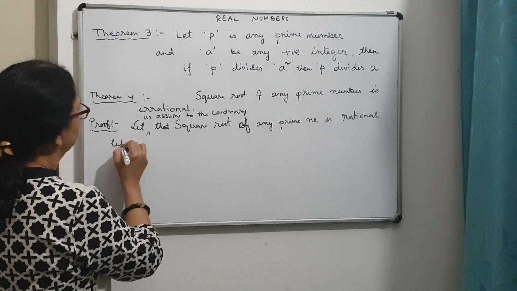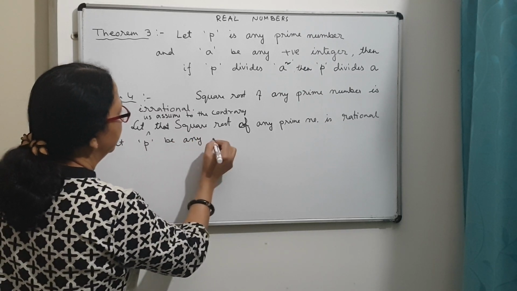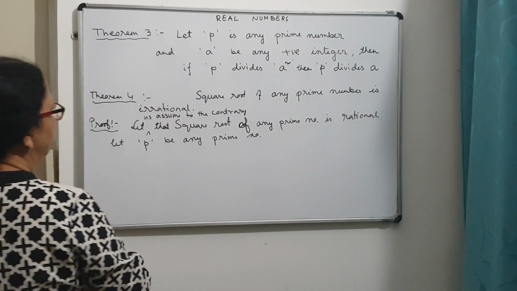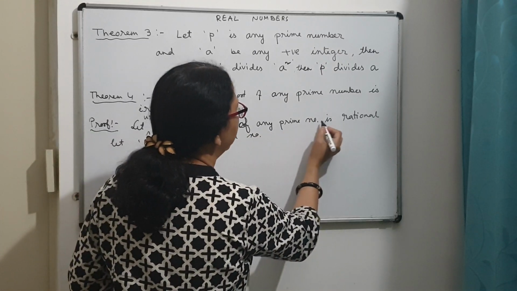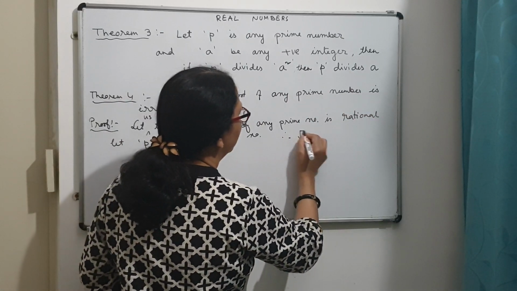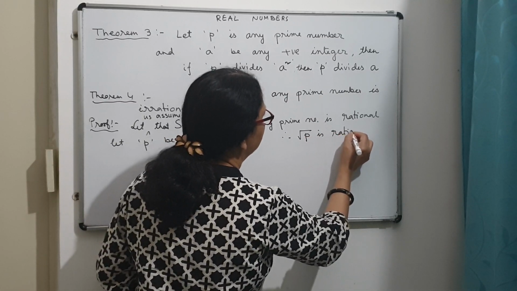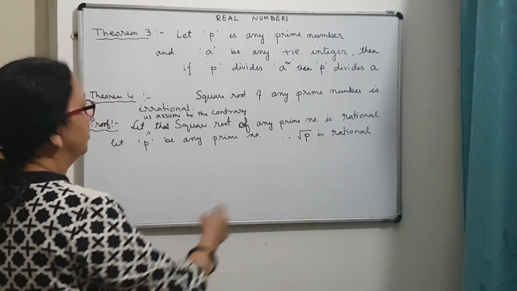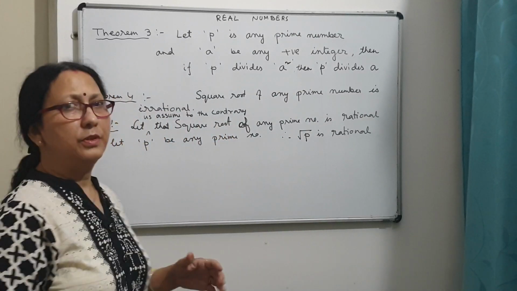So let P be any prime number. What we have assumed is that the square root of the prime number is rational. So therefore root P is rational. Any rational number can be expressed in the form of p upon q.